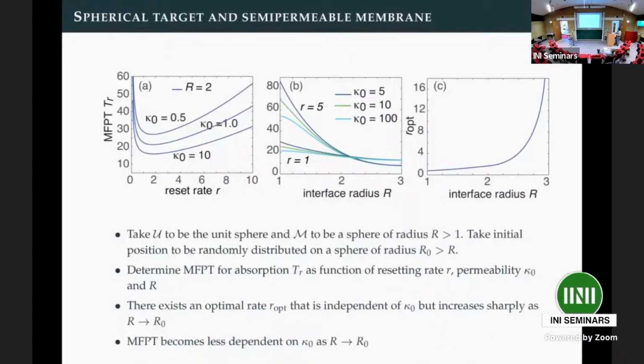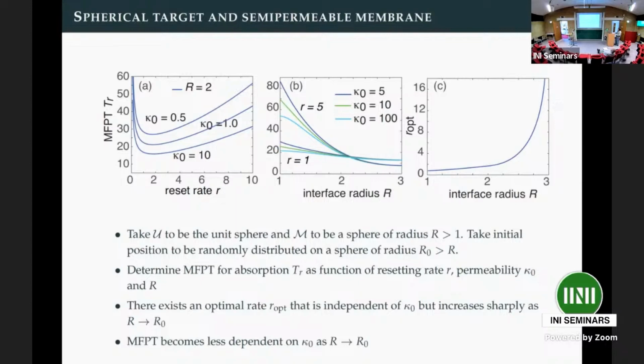Because this is the interface radius. So here, the target has radius 1. My initial position is at a radius of 3, and I'm varying the interface radius between the target and the starting position.